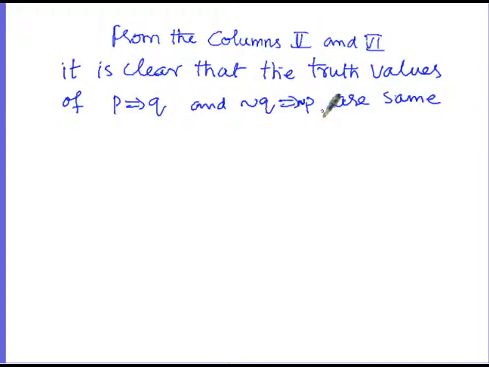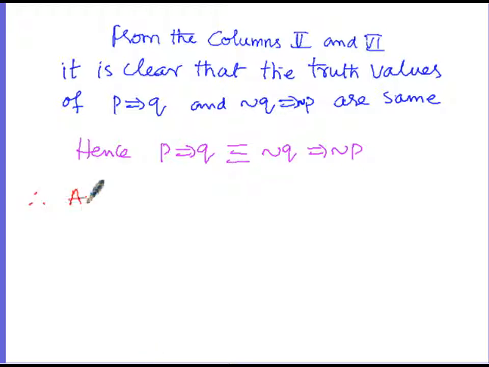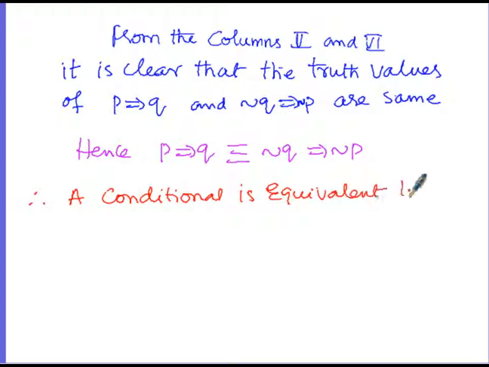So hence P implies Q is identically equal to, or equivalent to, negation Q implies negation P. Therefore a conditional, that is P implies Q, is equivalent to its contrapositive.